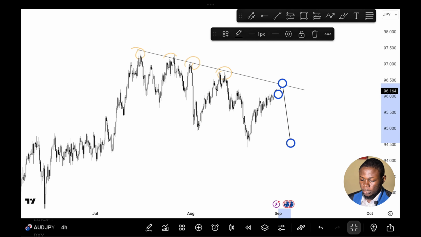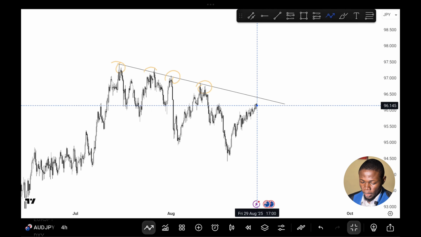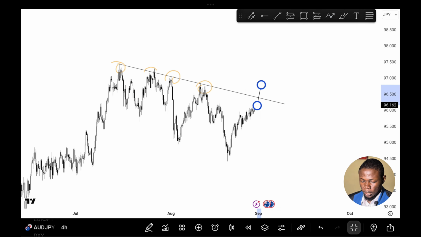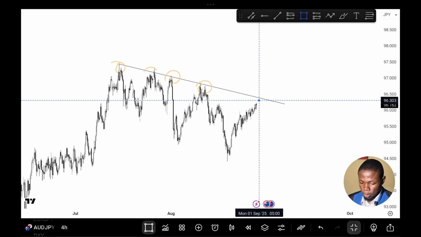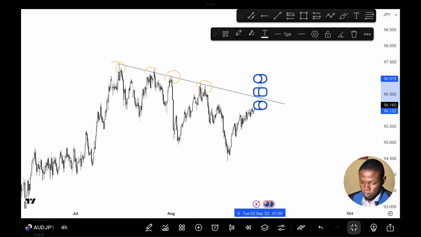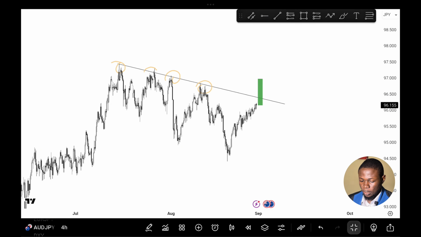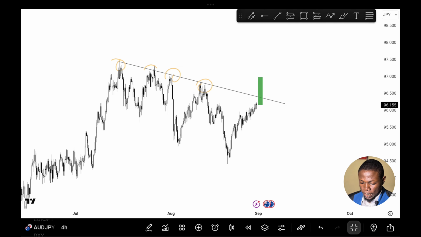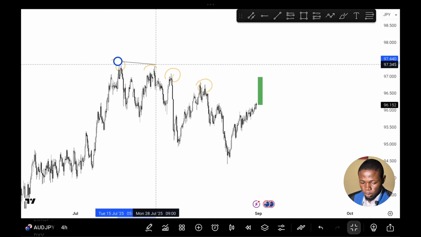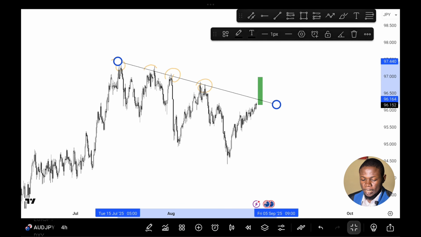But if price comes over here and closes above it, it's saying that this trend line has failed, this resistance has failed. Then we can say that JPY is bullish.